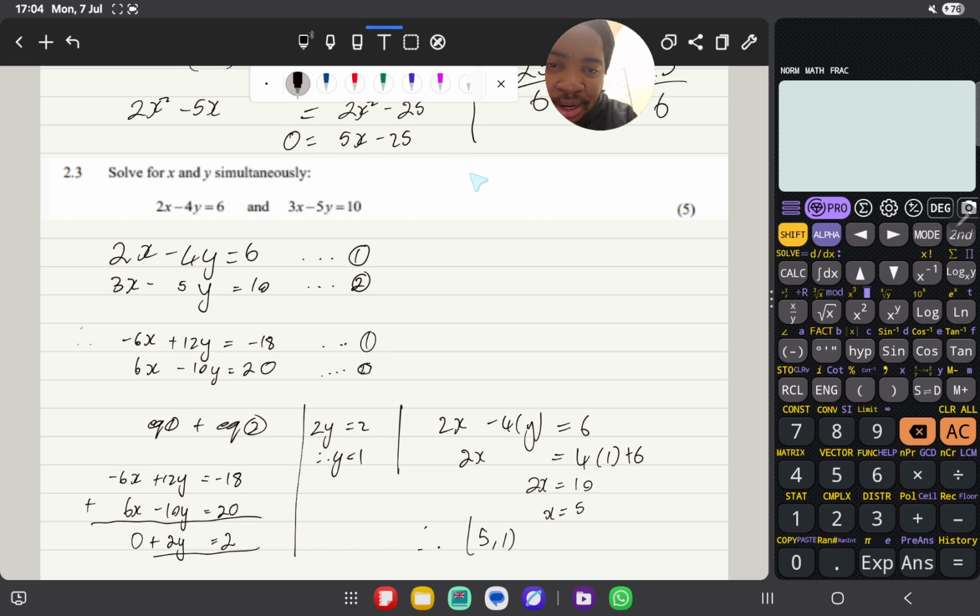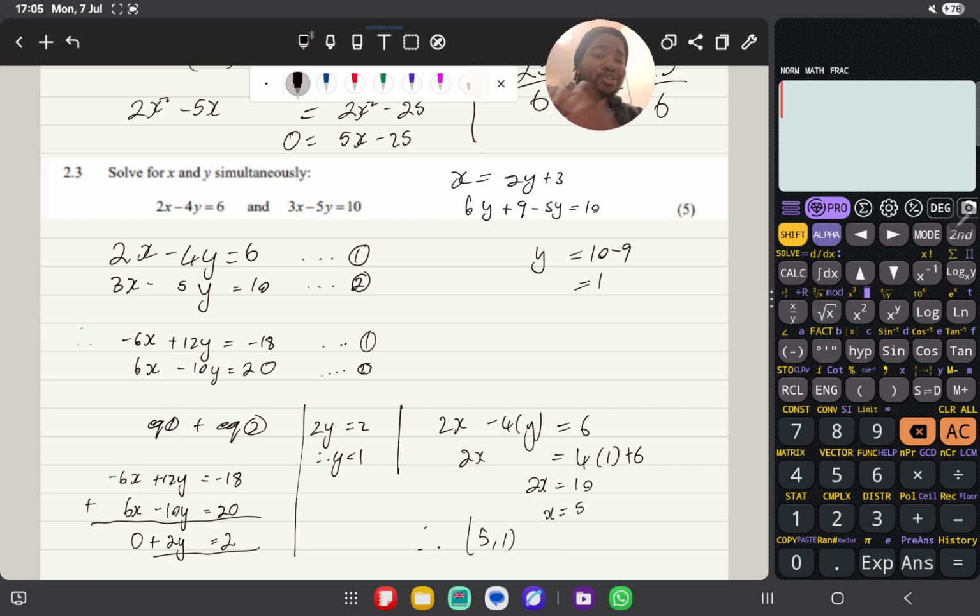I know the equation I had was x equals 2y plus 3. So if I substitute it here, I'm going to have 6y plus 9 minus 5y equals 10, and then this gives me y. 10 minus 9 equals 1.